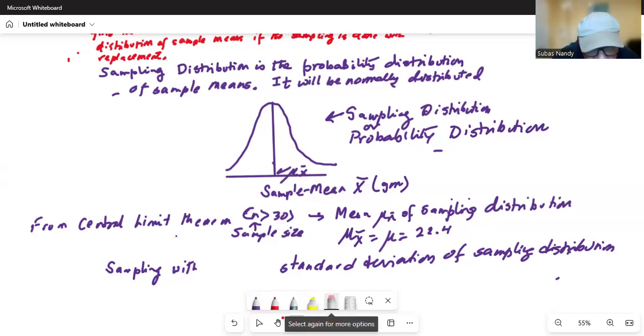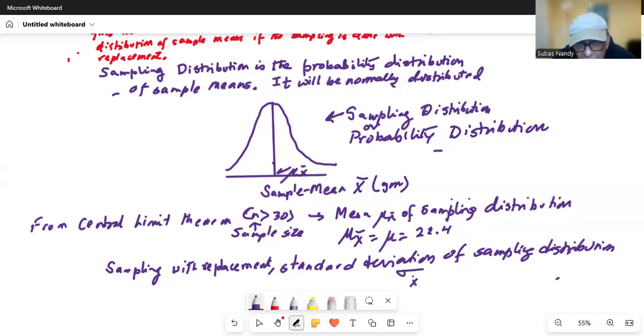Sampling with replacement. Sigma x bar, that is the standard deviation of the sampling distribution, is equal to sigma divided by square root of n. Okay. So I hope you did not get bored and quit.